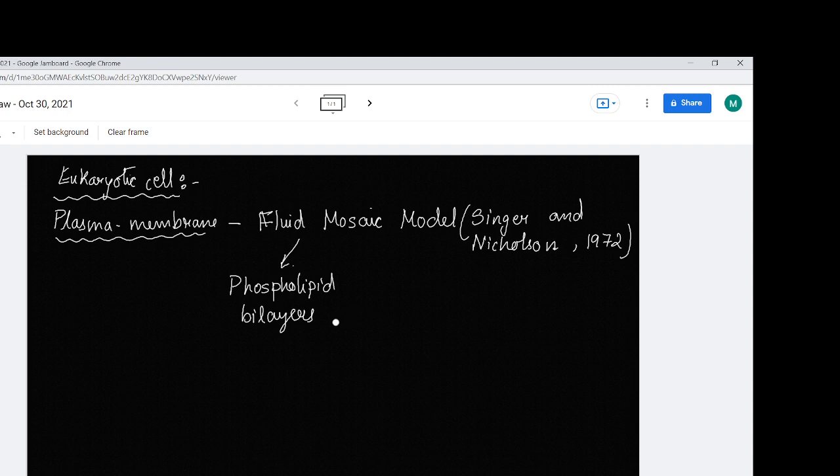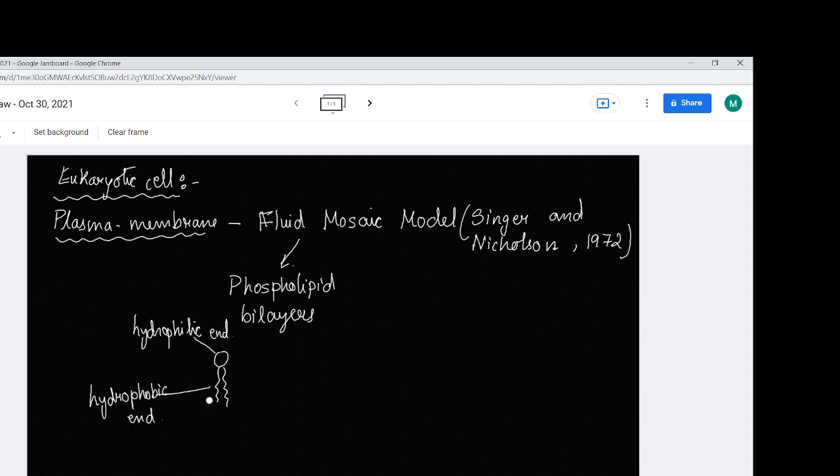So these lipids are amphipathic. Amphipathic means that they are structurally asymmetrical, with a polar hydrophilic head and a non-polar hydrophobic tail. So this is the hydrophilic end, and this is the hydrophobic end or tail.